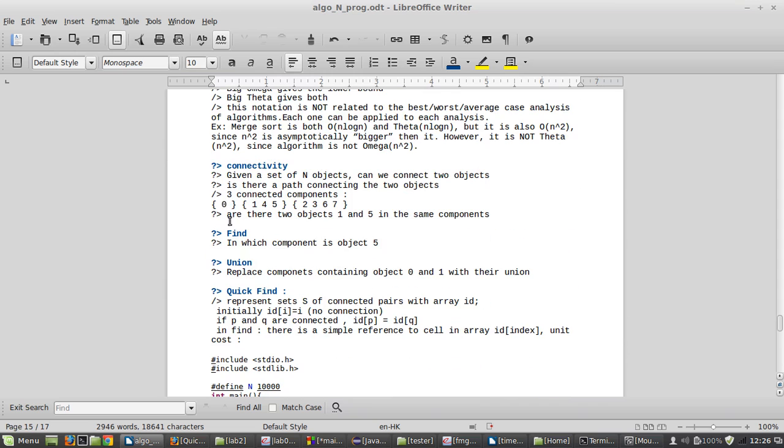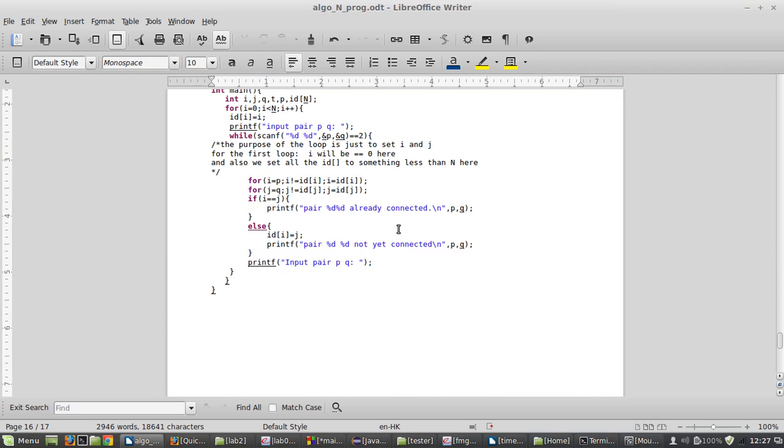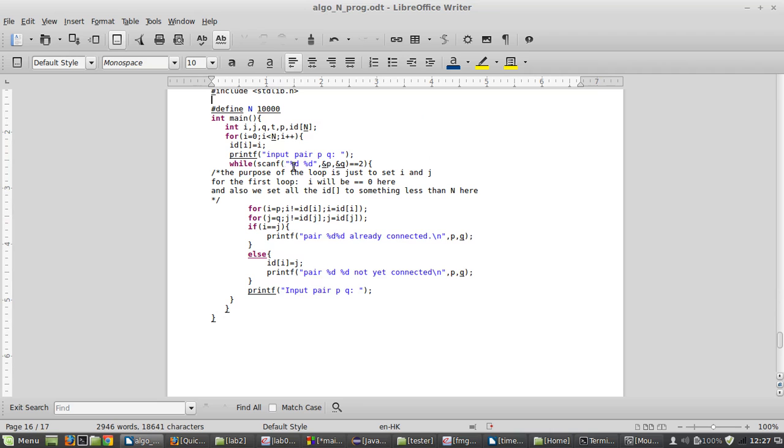Now here is another algorithm, quick union. The purpose of this algorithm is also to find if the pairs are connected or not, but the basis of the algorithm is different. So what's the basis of quick union? Previously we were just trying to find, and now we are trying to find it as a union.